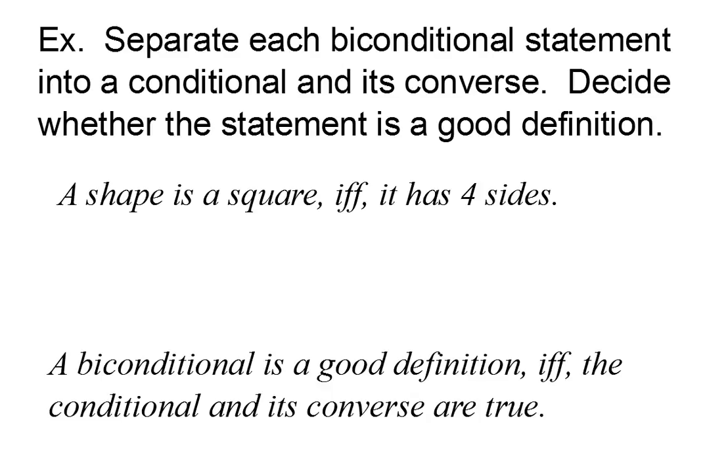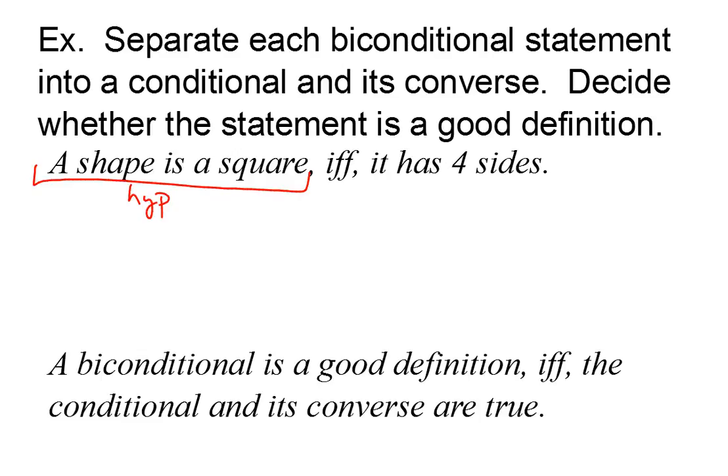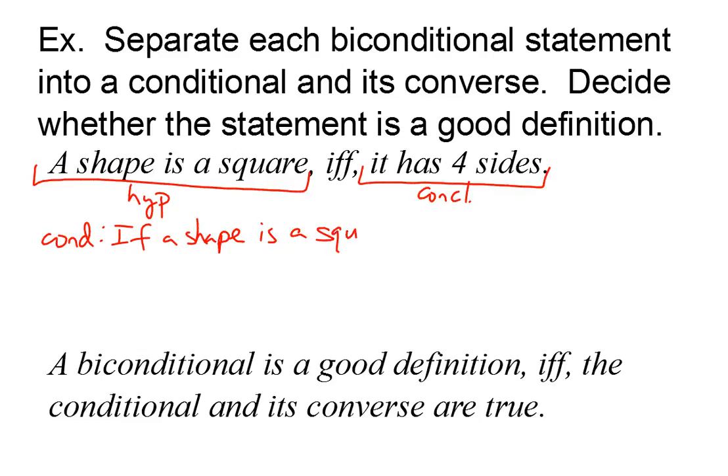Okay, the first sentence. A shape is a square if and only if it has four sides. Okay? Well, let's see. Again, I know that in a biconditional, the first part of the if and only if is the hypothesis. The second part, after the if and only if, is the conclusion. So if I wanted to make this into a single conditional, my conditional would be if a shape is a square, then it has four sides.